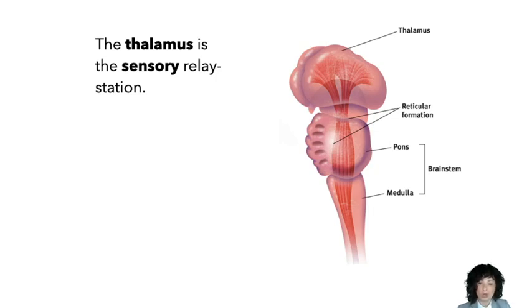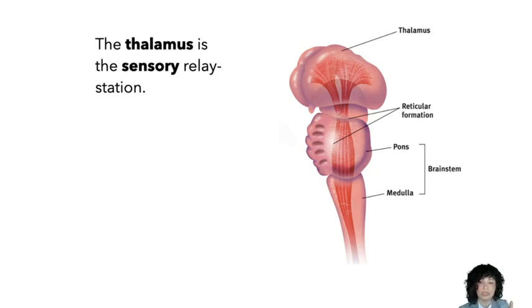So almost all, not quite all, but almost all of the sensory information coming in, information from vision, touch, audition, gustation, all of them go through the thalamus before they get transferred to the cortical areas of the brain.